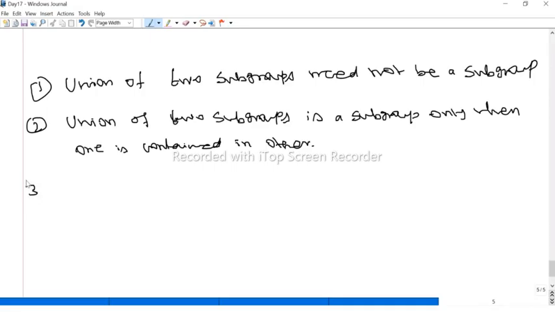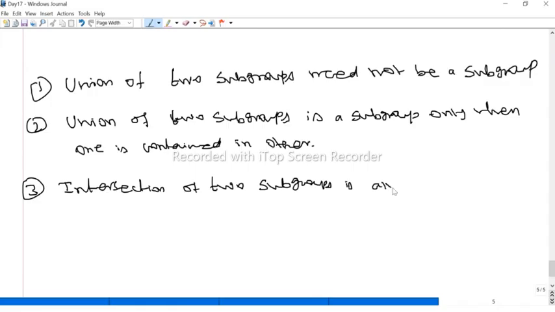Now the intersection of two subgroups is always a subgroup. Intersection of two subgroups is always a subgroup.